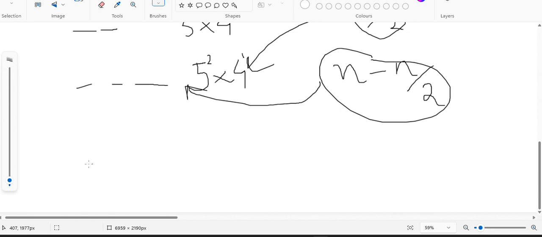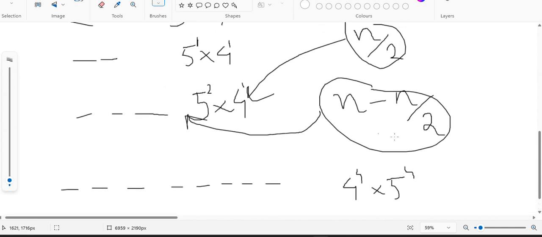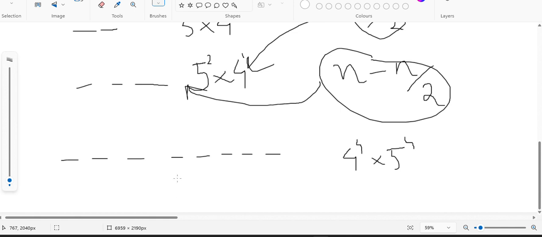So let's take a big n, say 8. 8 means 4 to the power 4 into 5 to the power 4, it should be there. n by 2, okay, n minus n by 2, okay, done. So our formula is done.